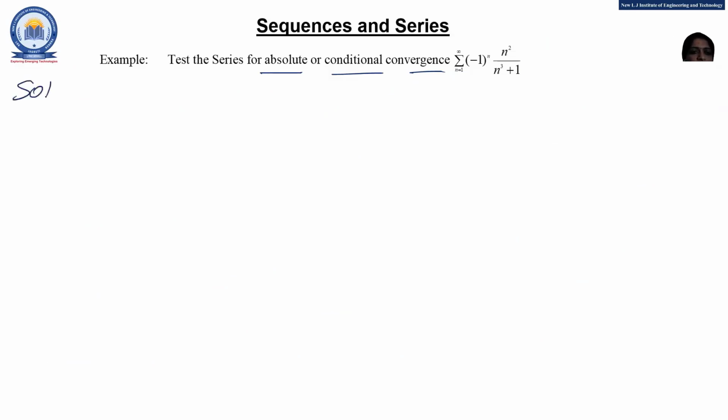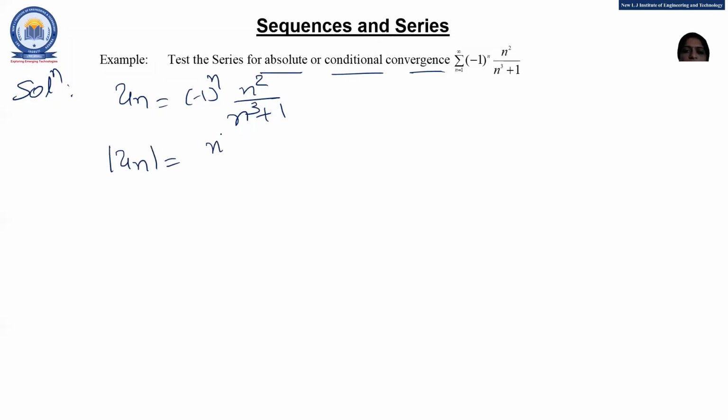Here, what is our nth term? Our nth term is minus 1 raised to n, n square upon n cube plus 1, right? So we go for mod Un first. What is our mod Un? That is n square upon n cube plus 1. I wish to check the convergence of mod Un first, so I go for comparison test here.